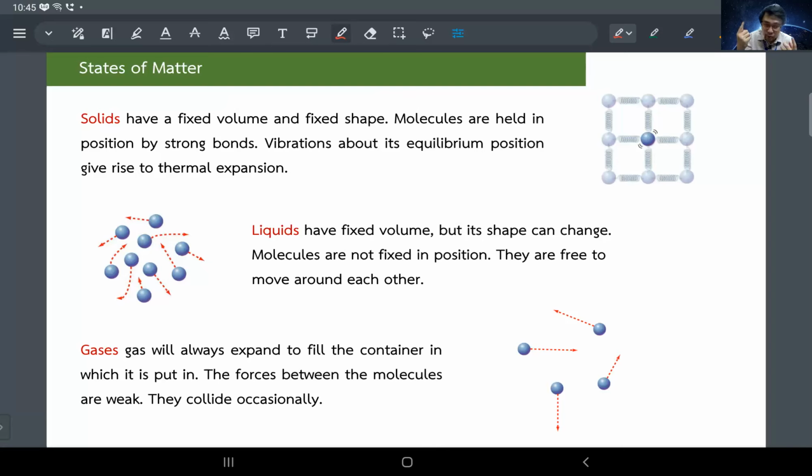One state that we're going to use mainly in this thermodynamics section is gas. The reason is, first, you have a law that can explain its properties really well. Liquid is tough because it's changing shape all the time. Solid is kind of nice, but it doesn't change enough for you to notice or learn from easily.